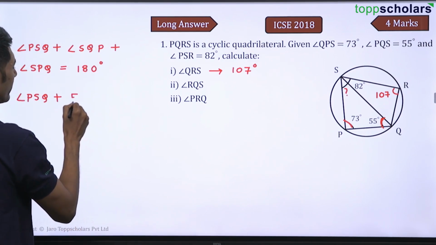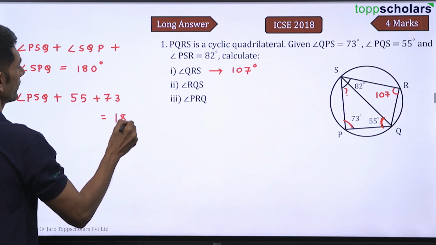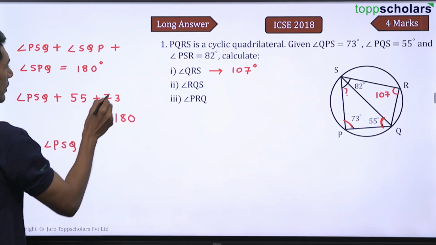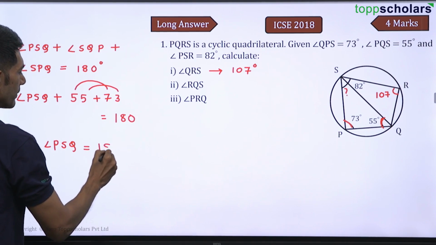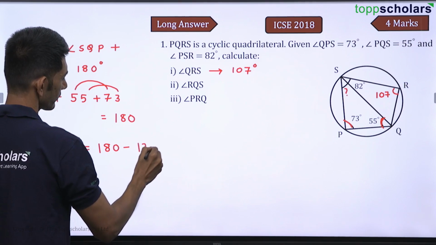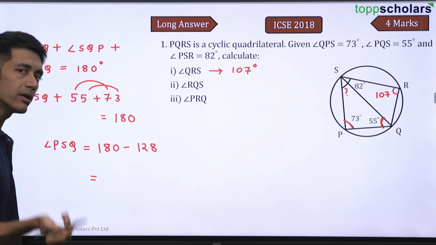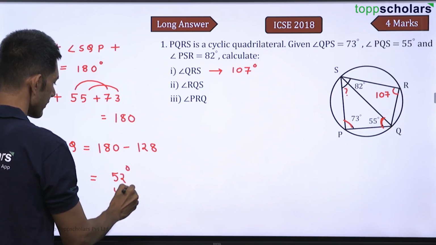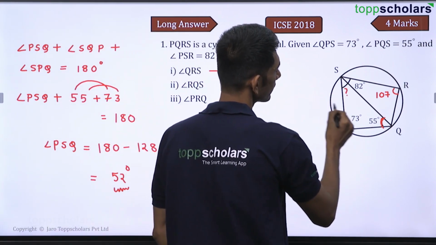So you can write down 55 plus 73 equal to 180. So that becomes angle PSQ is equal to, 5 plus 3 is 8, right? And 7 plus 5 is 12. So this becomes 180 minus 128, correct? So that gives you 180 minus 128 is 52 degrees. I hope this part is clear to you. So this is 52 degrees, right? This particular angle.